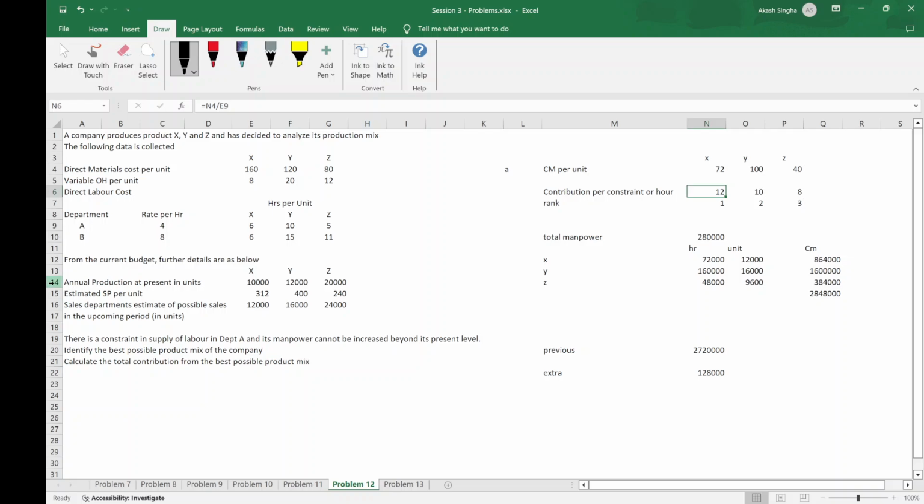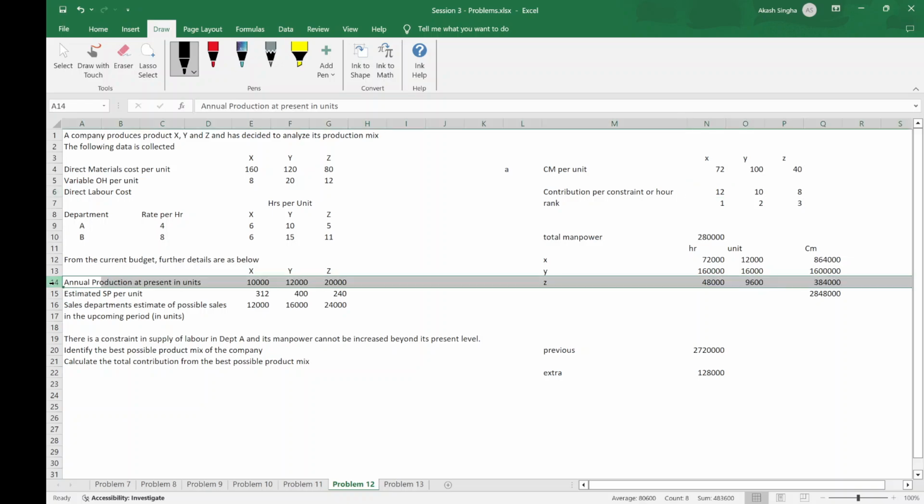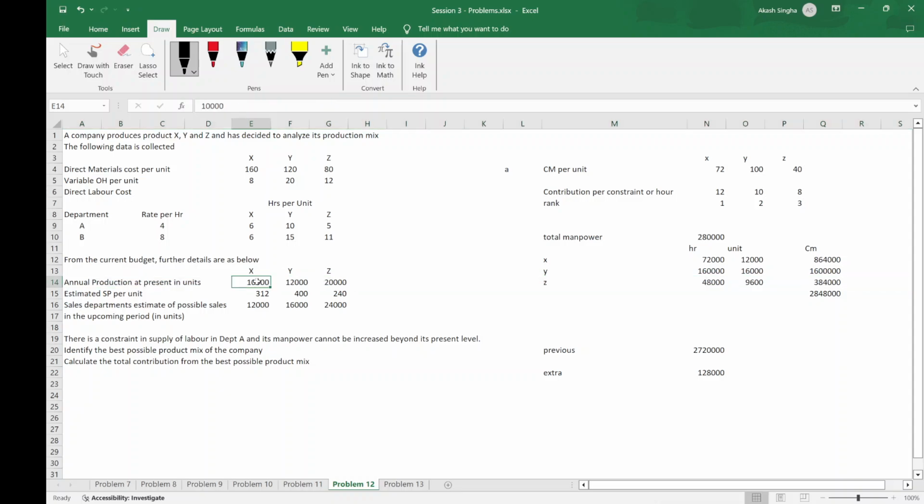So annual production at present in units will give you the total manpower. It is generating 10,000 of X, 12,000 of Y, and 20,000 of Z. For 10,000 of X, it needs 6 hours each, so 60,000. For 12,000 of Y, it needs 10, so 1,20,000.